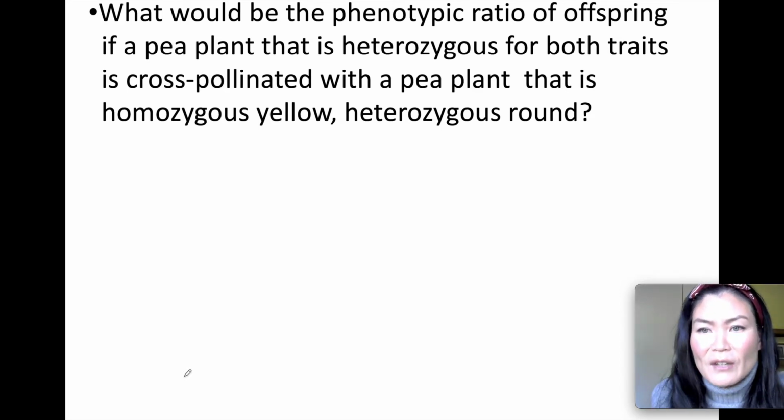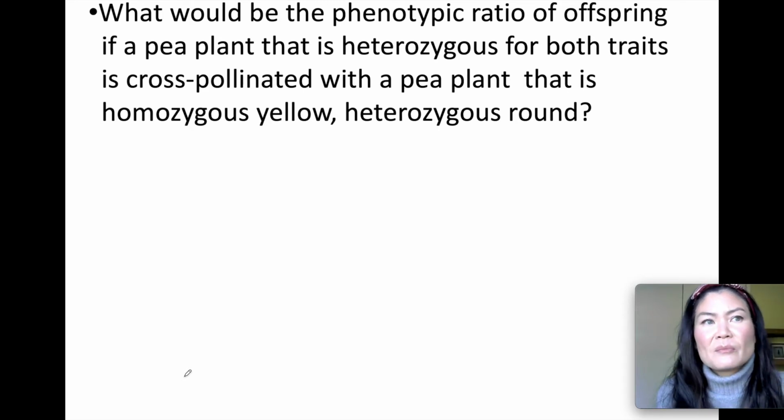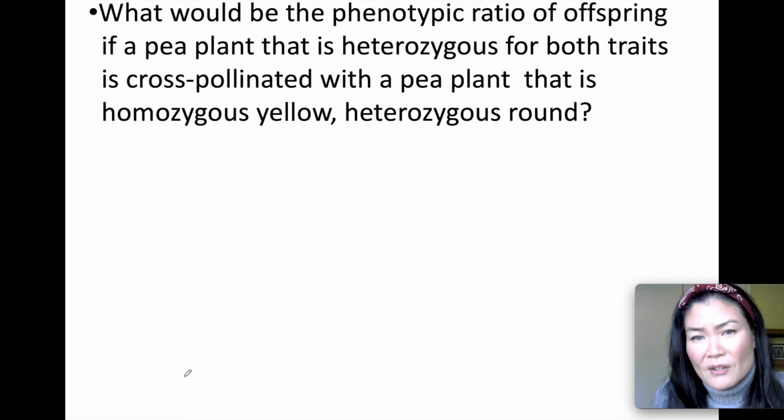Okay, what would be the phenotypic ratio of offspring if a pea plant that is heterozygous for both traits is cross-pollinated with a pea plant that's homozygous yellow, heterozygous round? One of the things about these genetics problems, you really need to understand the language.